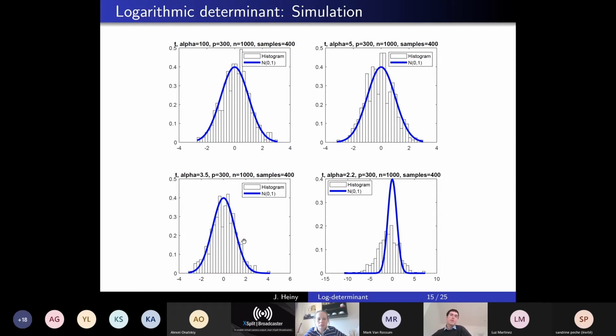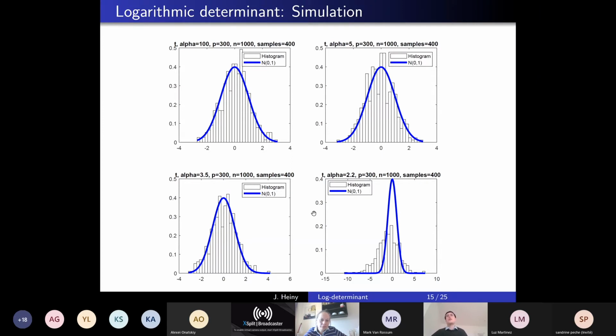But interestingly, this also works if alpha is below 4, which hints at a very robust test statistic. And so this is with alpha 3.5, and this is justified by the result that I showed you before with this regular variation. And this is so far just available in the IID case.